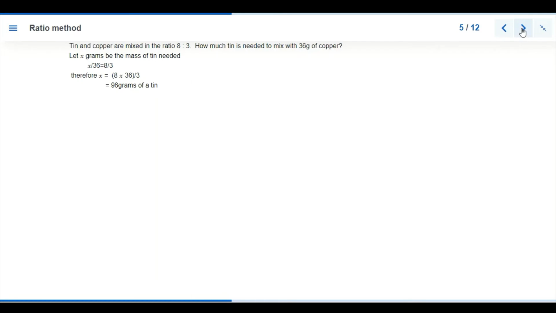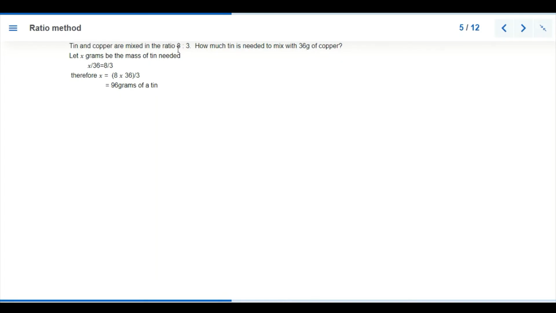We don't know the number of grams of tin, so we have to express it in ratio to each other. We denote the unknown as x. So we say let x be the mass of tin, while we have 36 grams of copper.